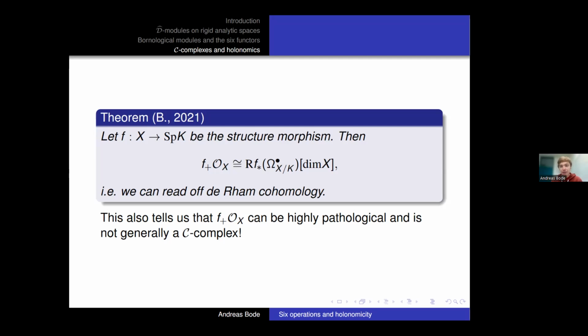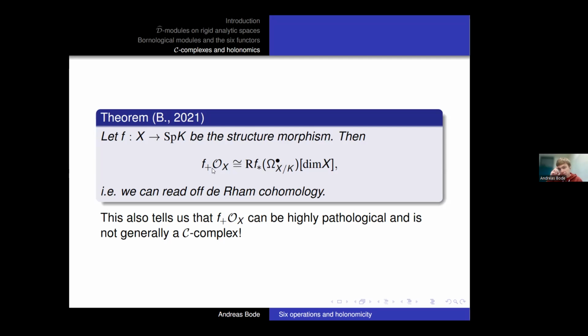So this tells you right away, even if I pick something as nice as the structure sheaf, a really, really nice D-module, if I apply my direct image functor to it, I get something that's horrible. So this tells us immediately that this direct image can, in principle, be really problematic, right?